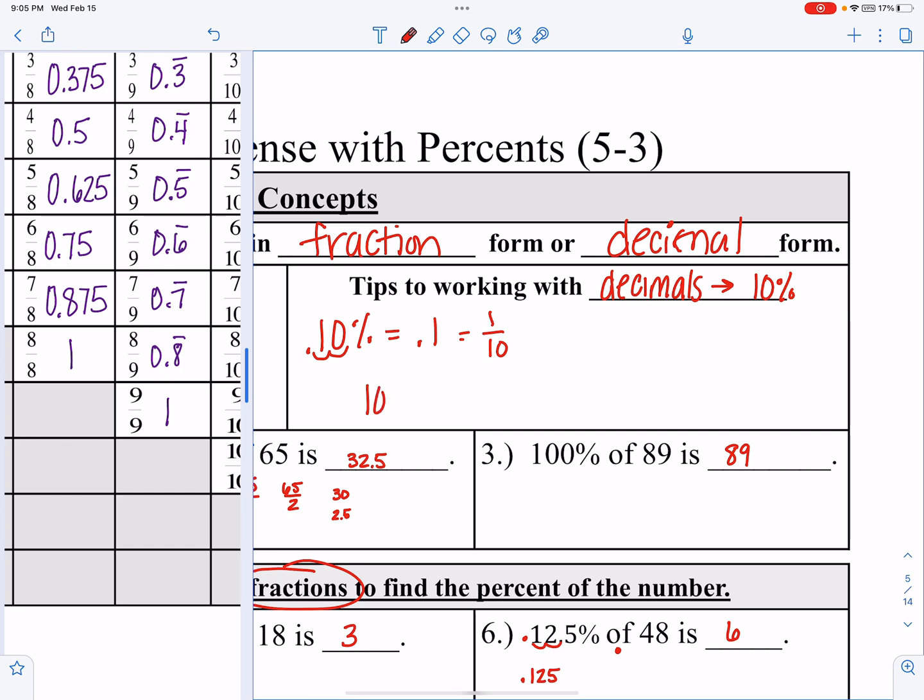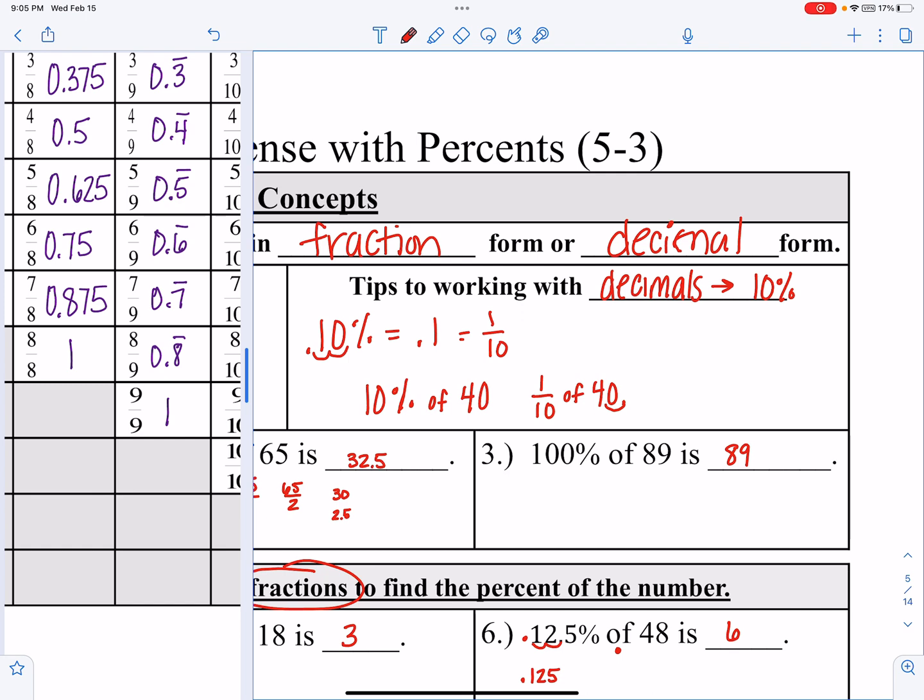So if you were to do 10% of 40, as an example, that means that we're doing 0.1 or 1/10 of 40. And if we're doing 1/10 of 40, we're just doing 40 divided by 10, and that would take this and move the decimal spot 1 spot.